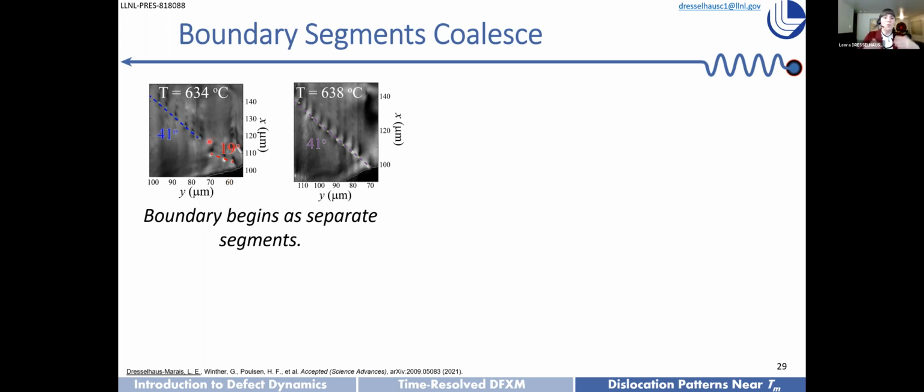What you would normally do in an ex situ experiment, of course, is come up with some theory as to why these might coalesce, and there's some good theory that you could compare this to. However, at this high temperature, I was actually able to resolve exactly the event that catalyzes this coalescence.